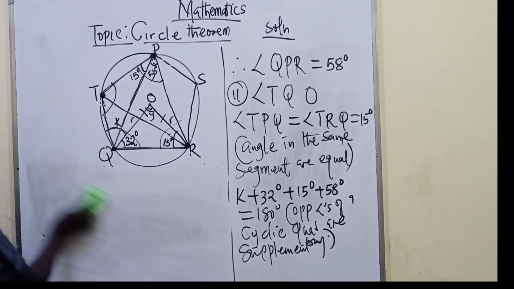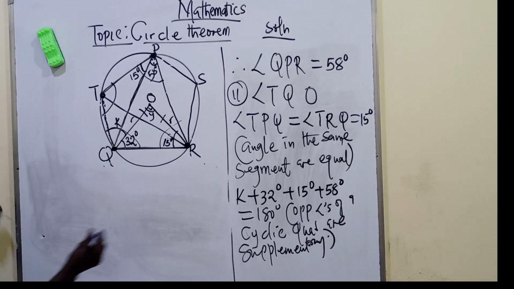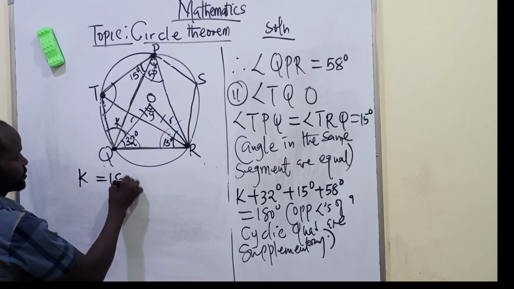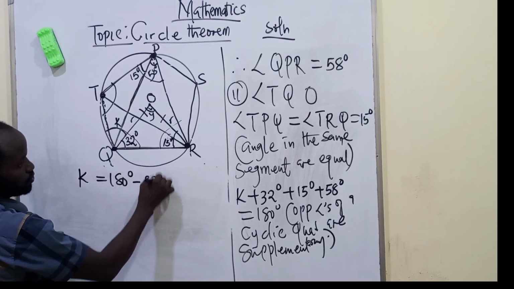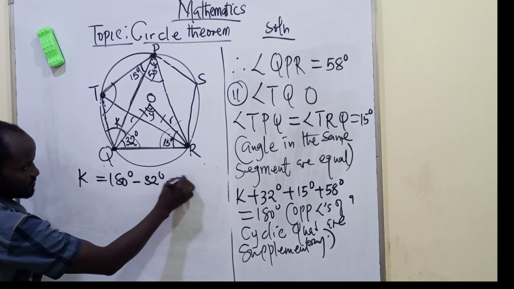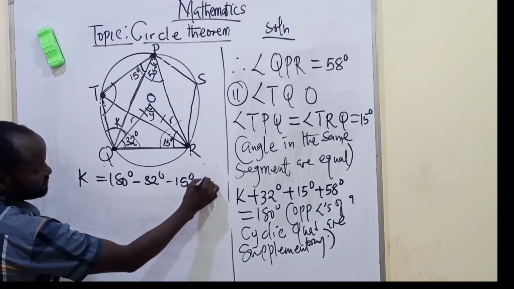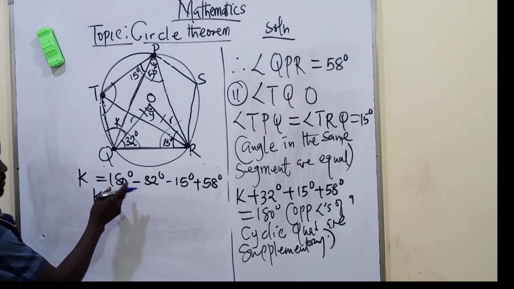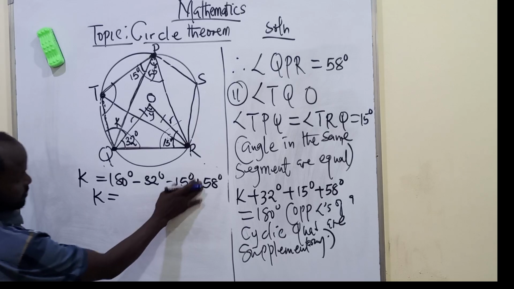So let's solve for K. K now will be equal to 180 degrees minus 32 degrees minus 15 degrees minus 58 degrees.